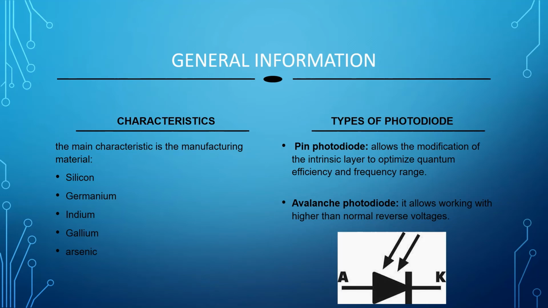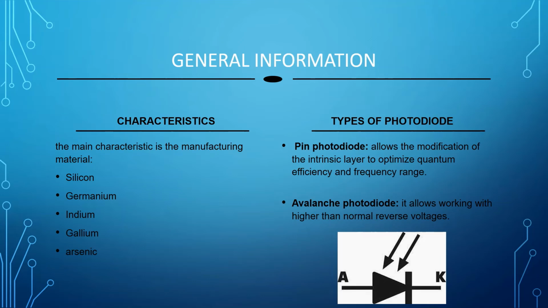In types of photodiode, there are two types: the PIN photodiode and the avalanche photodiode. The PIN photodiode, one of the most common semiconductors, allows the modification of the intrinsic layer to optimize quantum efficiency and frequency range.